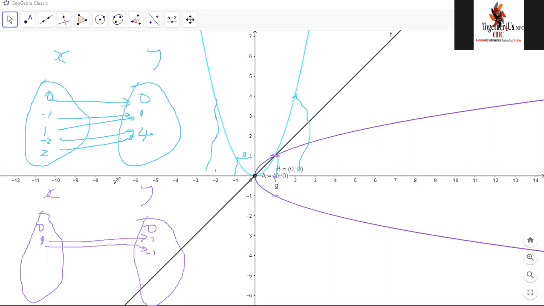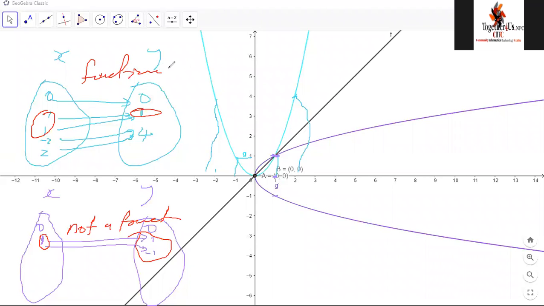What we want is we can have two different X values relating to one Y value. But once we have one X value relating to two different Y values, we've got a problem. So this is not a function. This is a function.